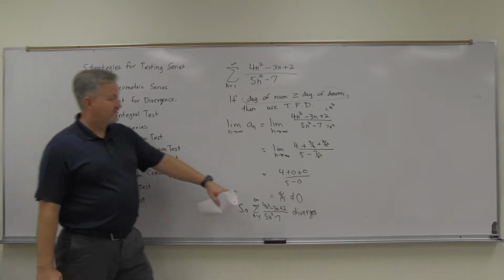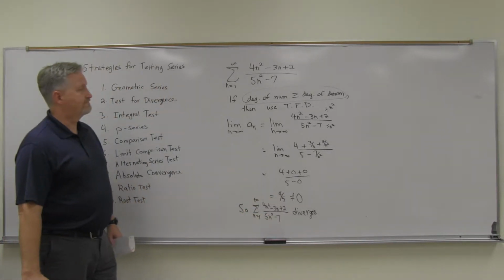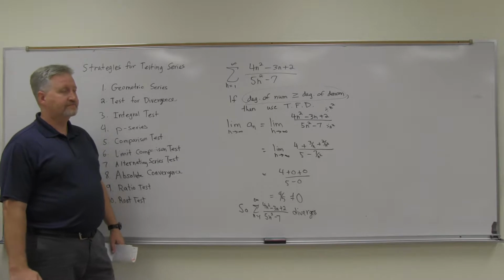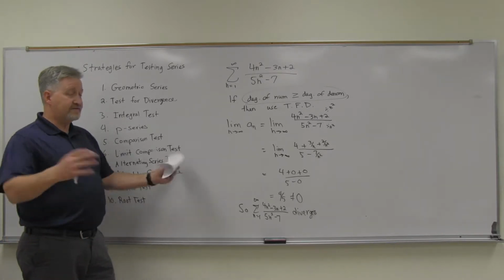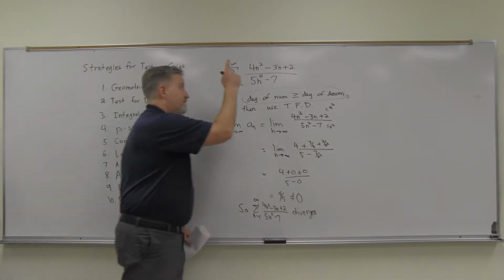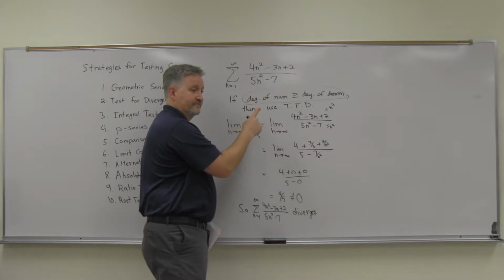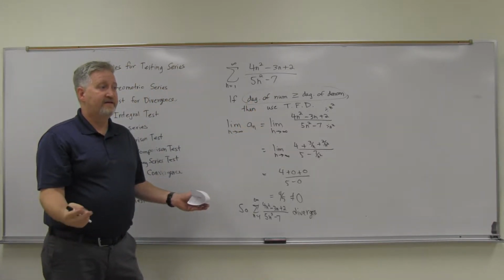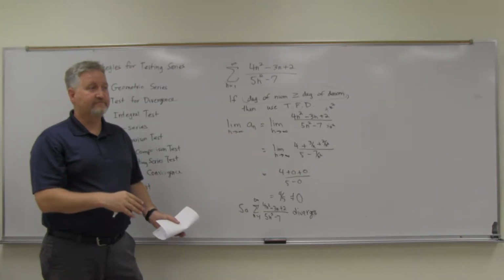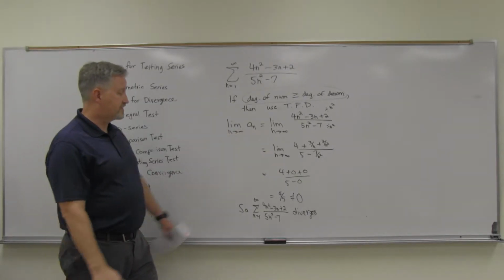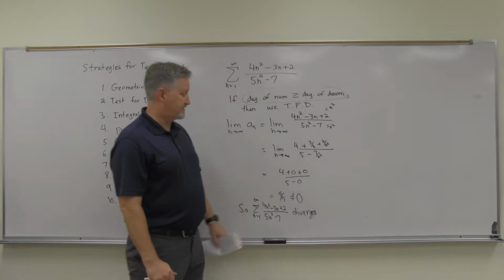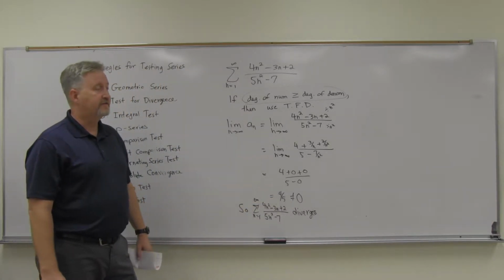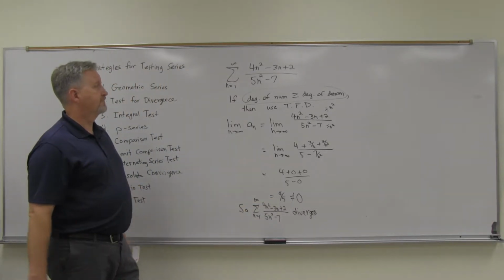In this case, not 0 means that series diverges. Now again, just to emphasize, if that equals 0, then the test for divergence tells you nothing. It still could go either way. The test for divergence just tells you something if that is not 0. If it is 0, it's inconclusive.